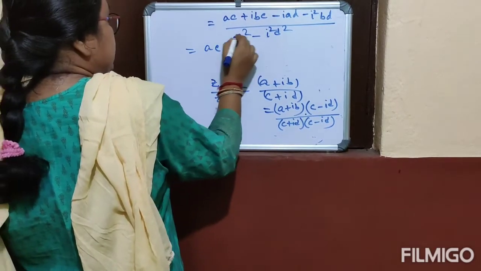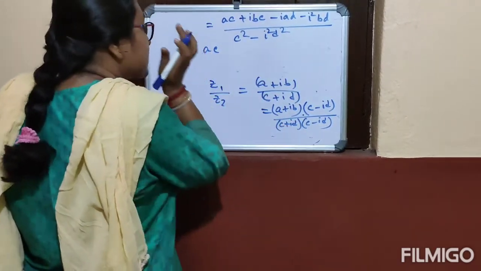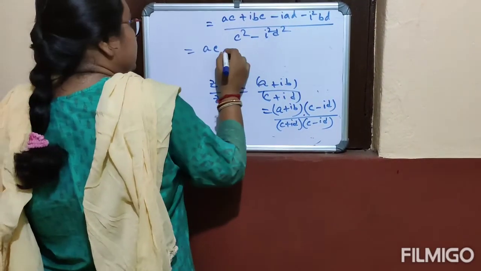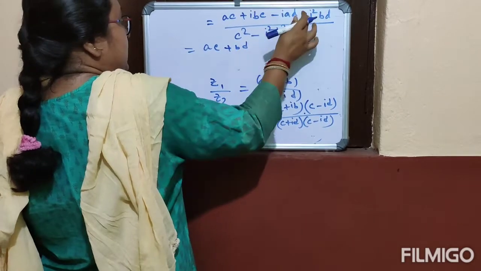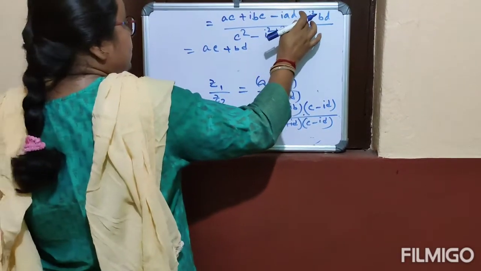Okay, ac, then minus i square is equal to plus bd, because i square is minus 1 and the minus is already present.